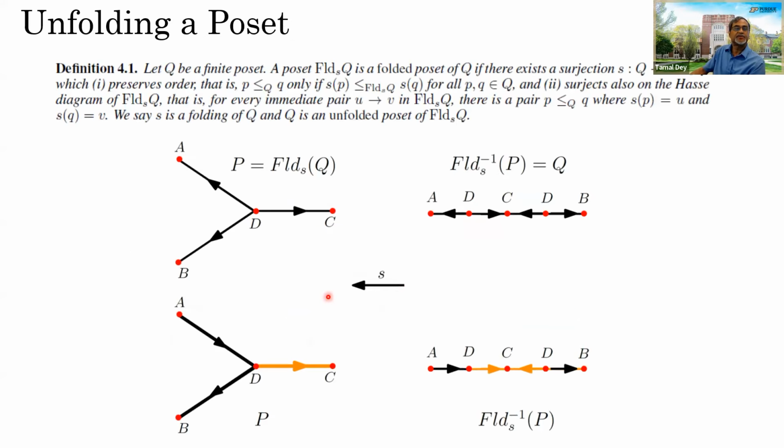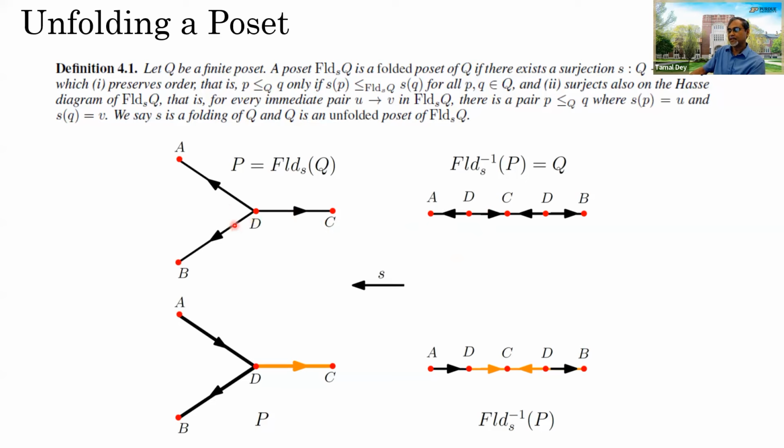So I need to define what I mean by this unfolding. So unfolding of a poset is, given a poset P, the unfolding, I call it fold. So basically there is a surjection from the unfolded poset to the folded poset. That's the definition. The surjection basically preserves all the orders. You go from unfolded to folded, it preserves all orders, and it should not introduce any new order.